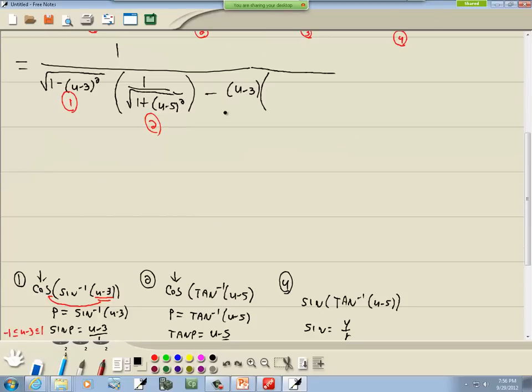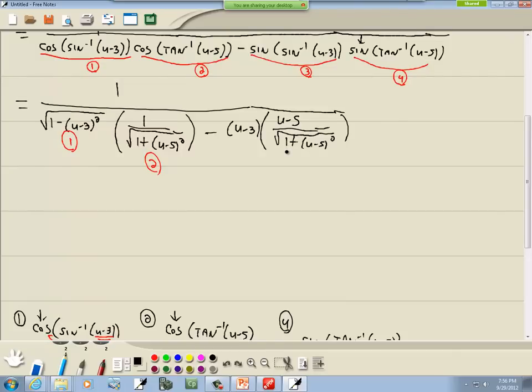So I'm going to come up here. And then 1 plus u minus 5 squared. Now it probably isn't worthwhile. I'm just trying to give you the sense of how these work. Probably isn't worth the effort to get this completely in the right form. But we definitely could get rid of this fraction inside of a fraction. Multiply everything by the square root of 1 plus u minus 5 squared.